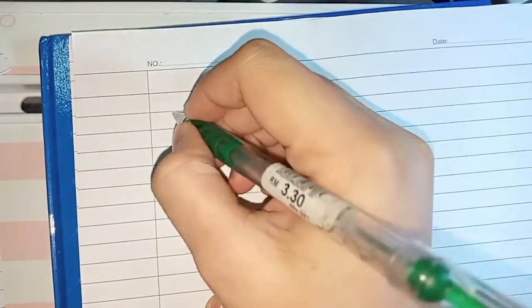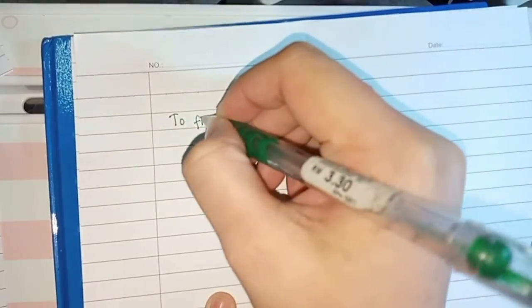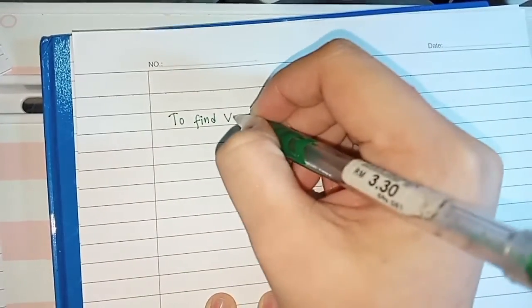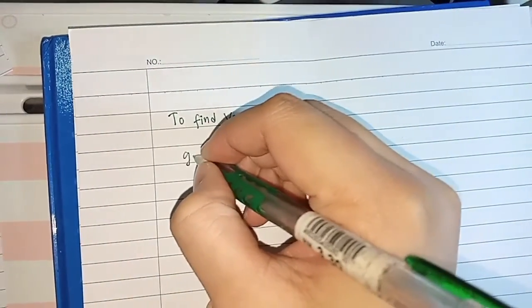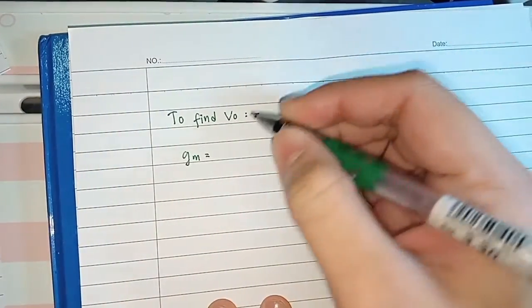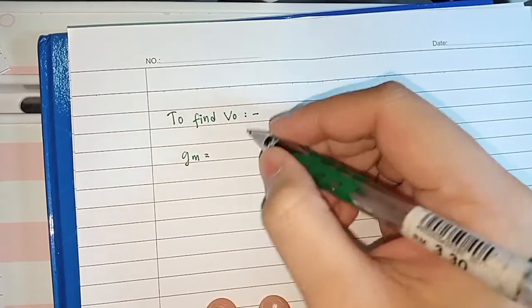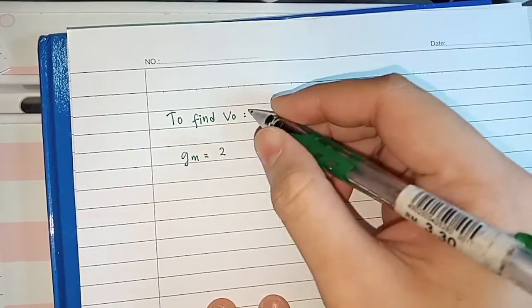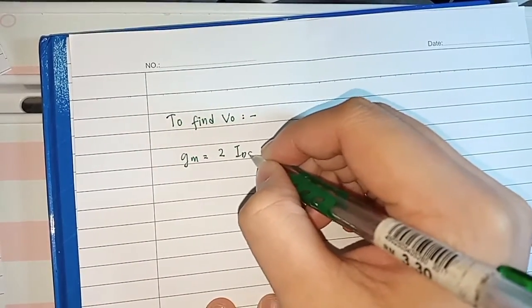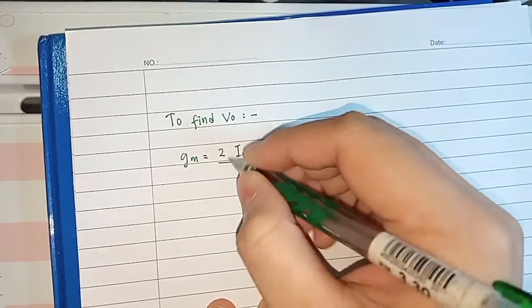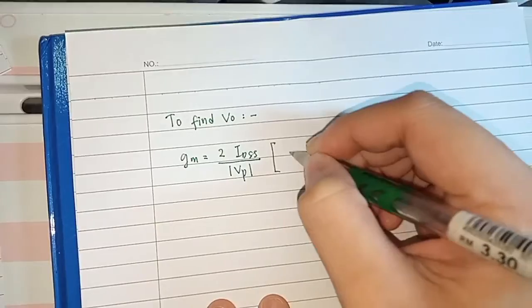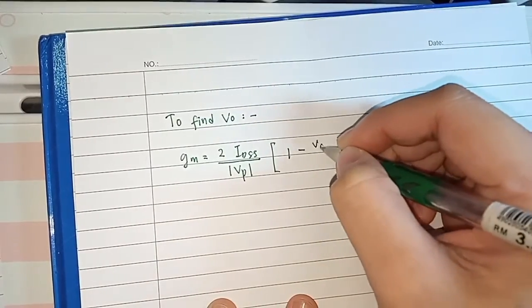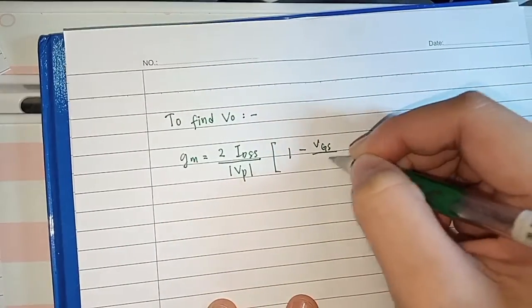To find the output voltage, first we need to find gm. The formula that we will use is 2 IDSS over modulus VP, in bracket 1 minus VGS over VP.